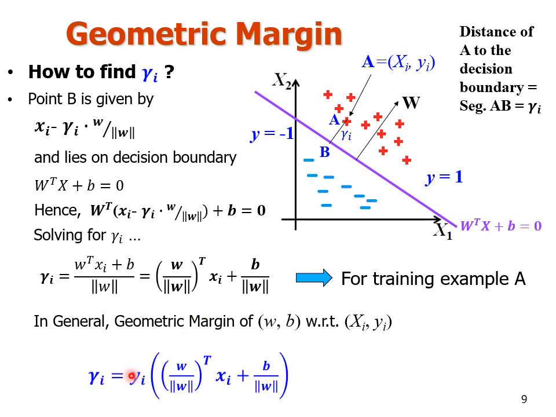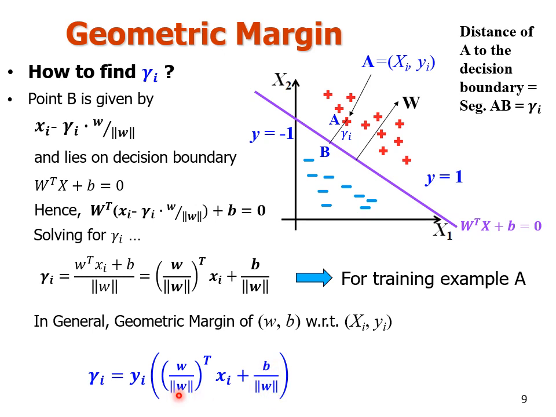So in general, gamma i is given as yi multiplied by (W divided by norm of W) whole transpose into xi plus B divided by norm of W.